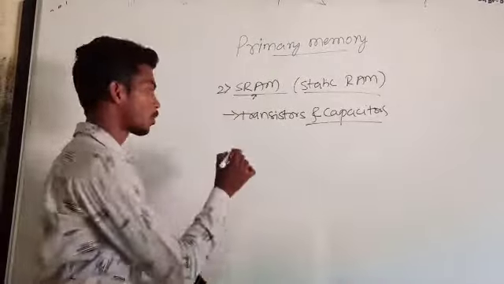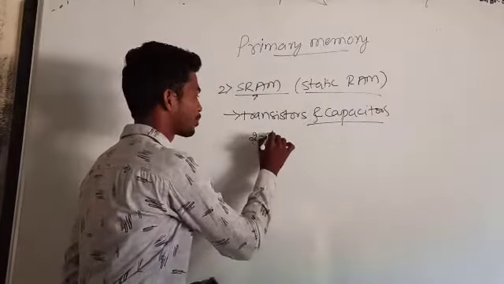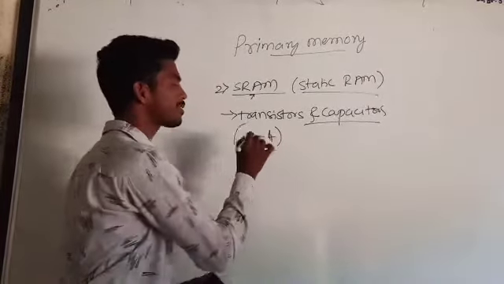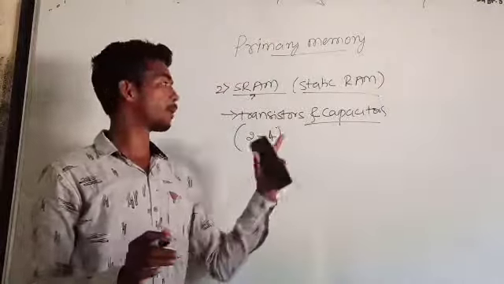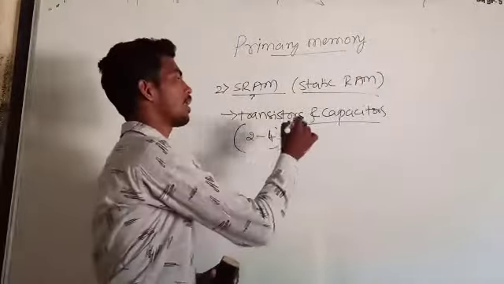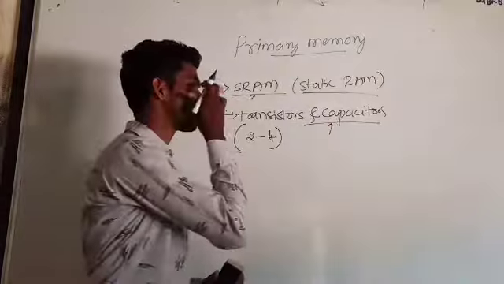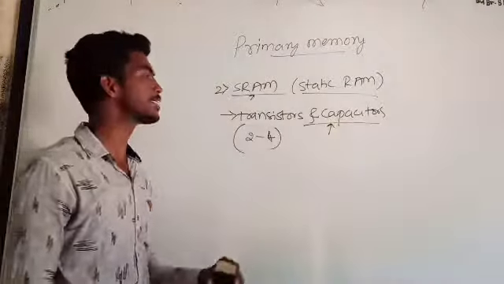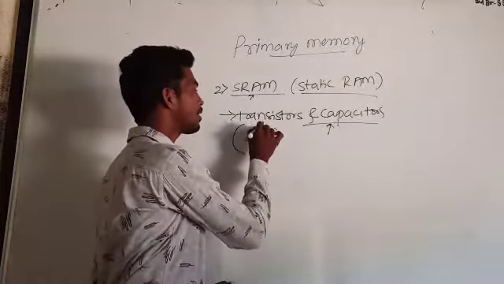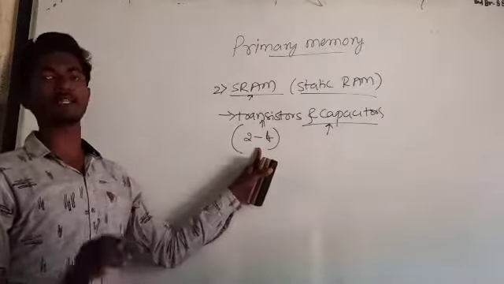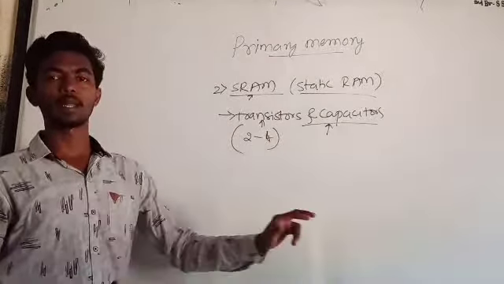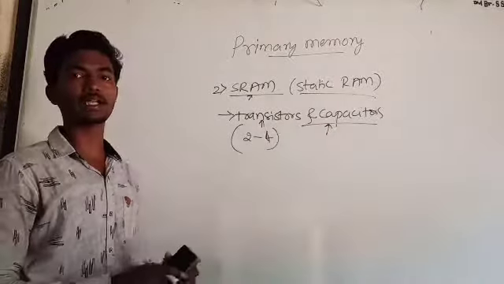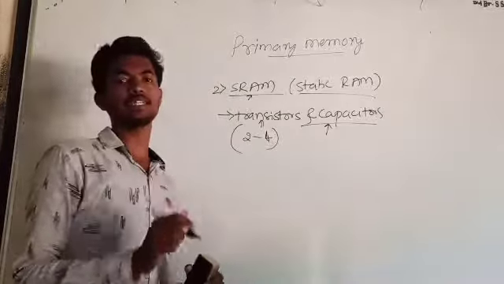That means around 2 to 4 transistors in a single memory cell, and it is not compulsory to have a capacitor in each memory cell. It contains multiple transistors in a single cell, but there is no need for a capacitor in each cell.